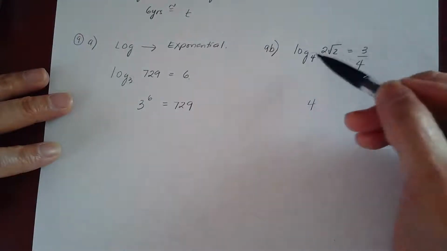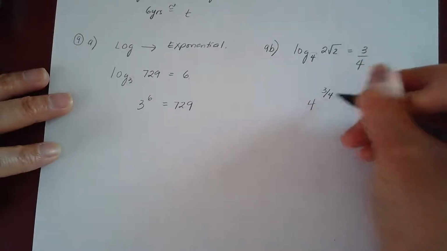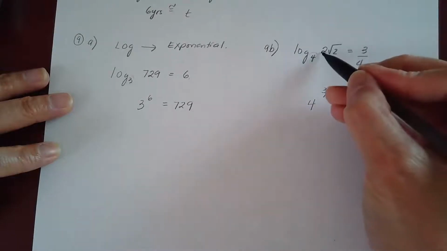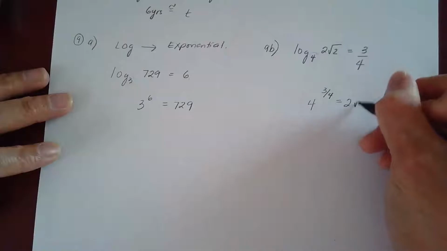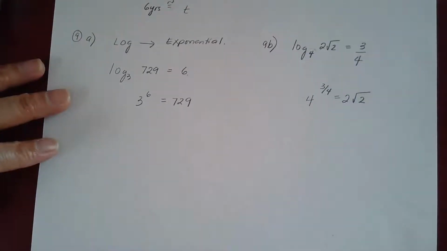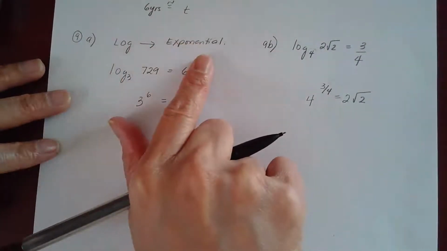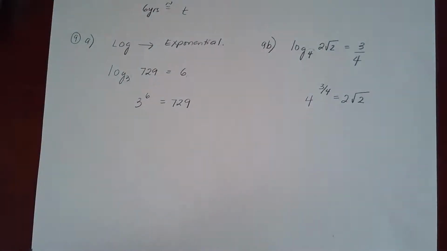What exponent do I need? 3/4. And what will that equal? 2 root 2. So that's basically that one, just changing it from logarithm form to exponential form. That's not too bad.